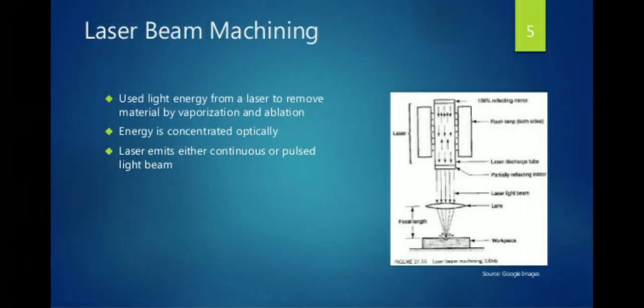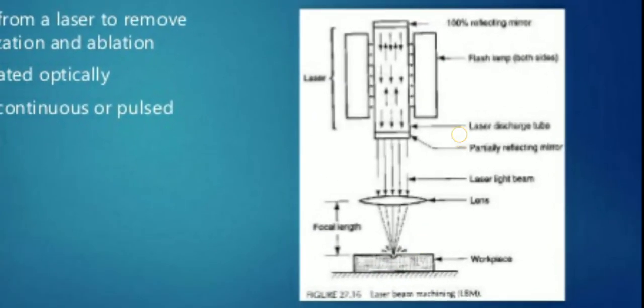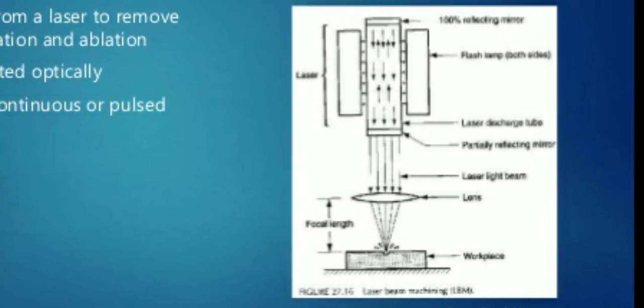Then next, laser beam machining. The main objective of laser beam machining is, wait a minute, don't worry, some of the component names are not visible clearly. I will read them out while I explain.